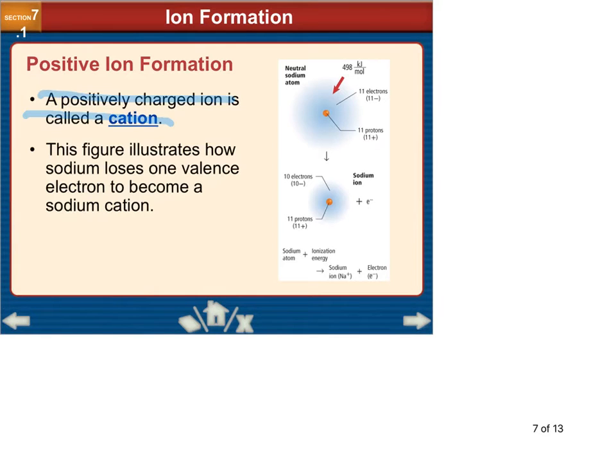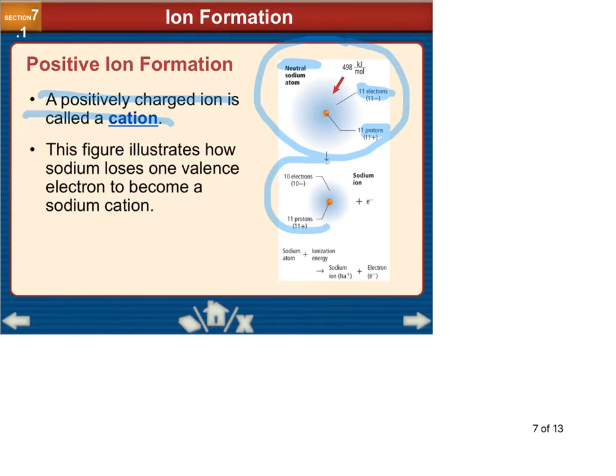So a little illustration you have here. When we've got the neutral sodium atom, we've got 11 electrons, 11 protons. That's why it's neutral. And some energy comes in, causing an electron to be removed. So we have to add energy to pull this electron off.